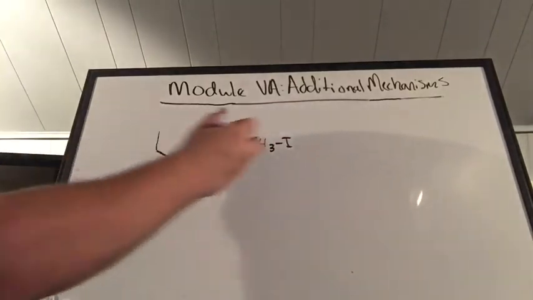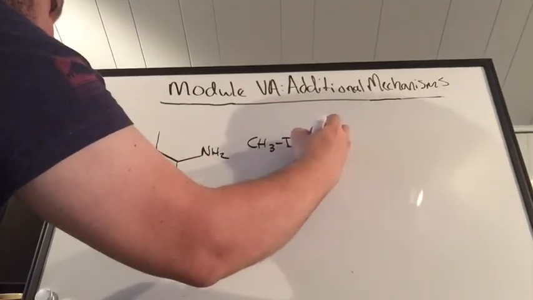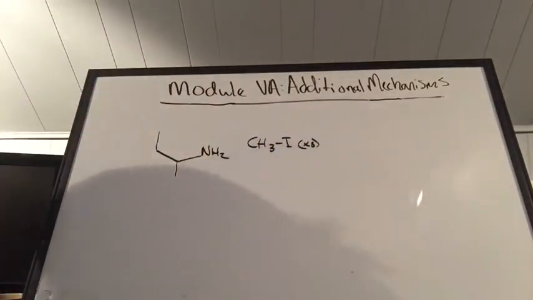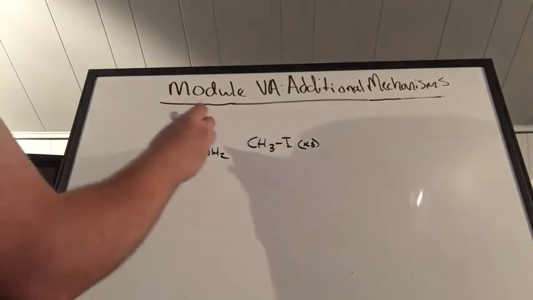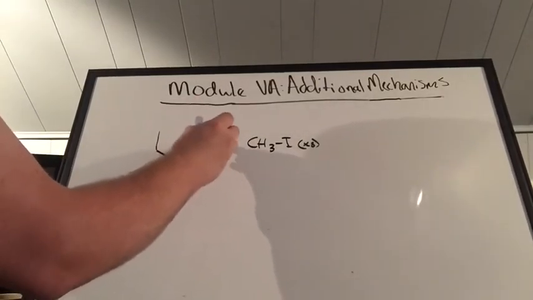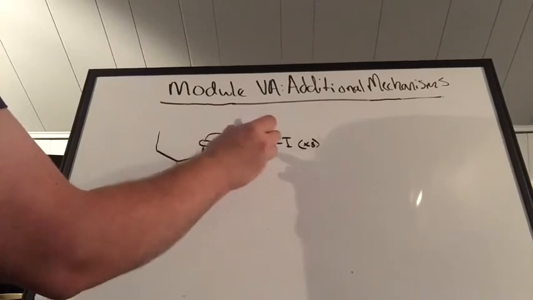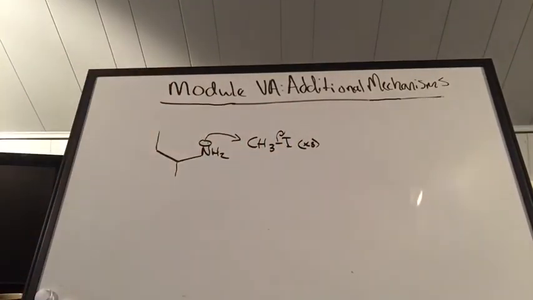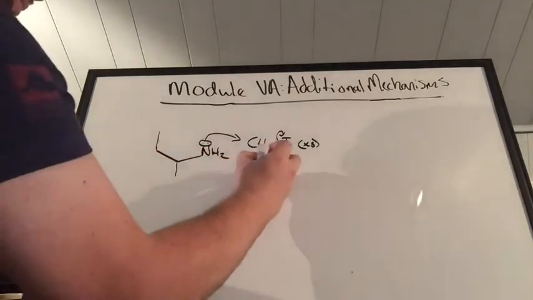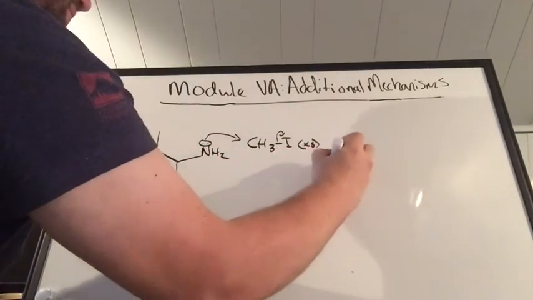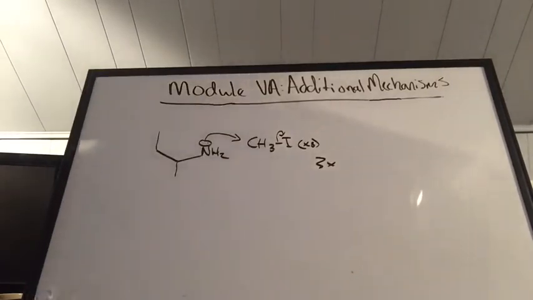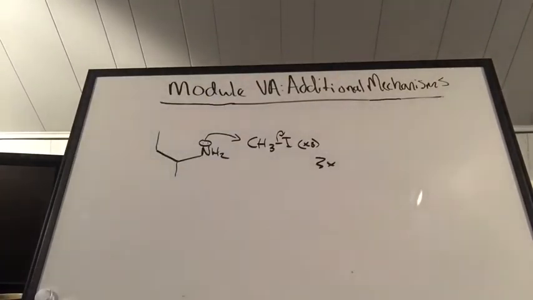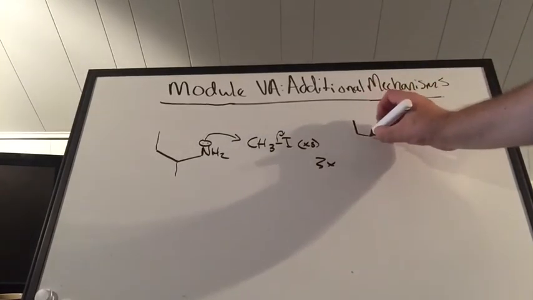Okay, so if you have this in excess, again, I'm just going to write XS for excess. You have this lone pair that coordinates to CH3, boots off this iodo group. So do this 3 times, and then you're going to get a quaternary amine, which is just going to look like this.